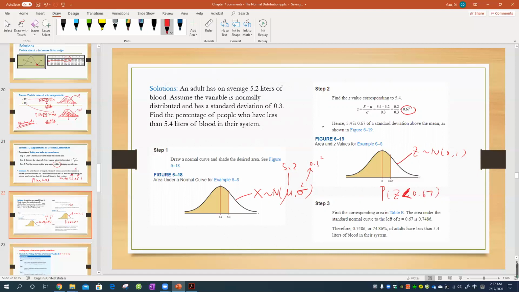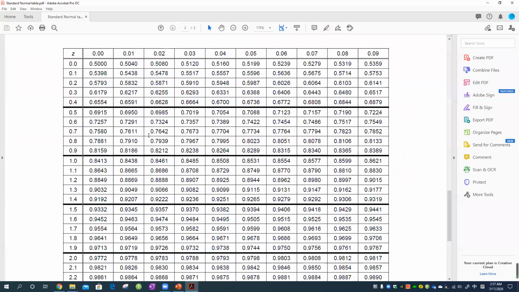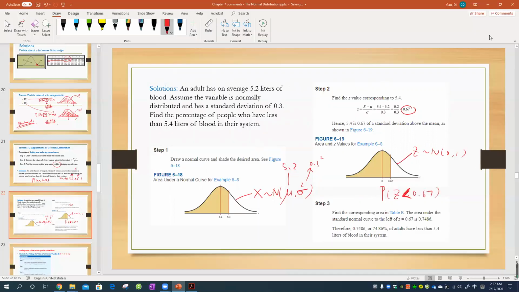We pull out the table, go to 0.6 and then 0.07, and we get 0.7486, which means 74.86% of adults have less than 5.4 liters of blood in their system.